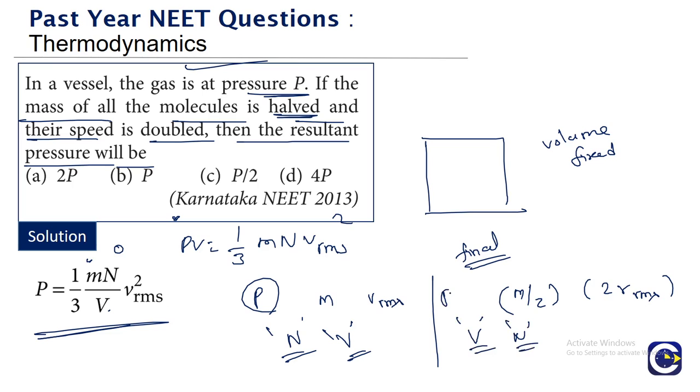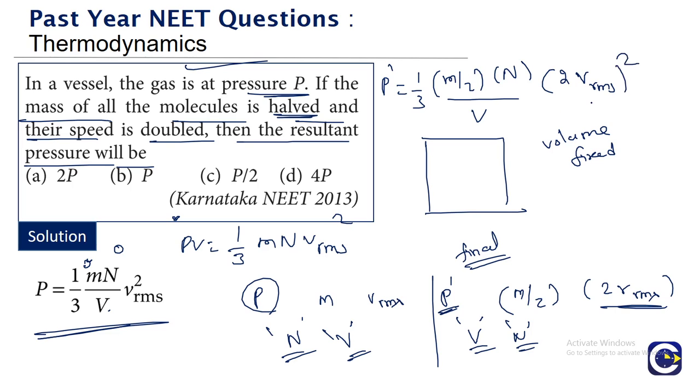Here we have to find the pressure P dash. P dash is 1 by 3 into mass of the molecule, m by 2, into number of molecules, which is not changing, divided by volume, also not changing, into the RMS velocity square, where the RMS velocity is now 2 times.